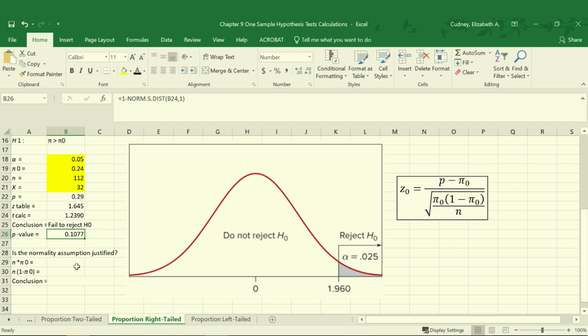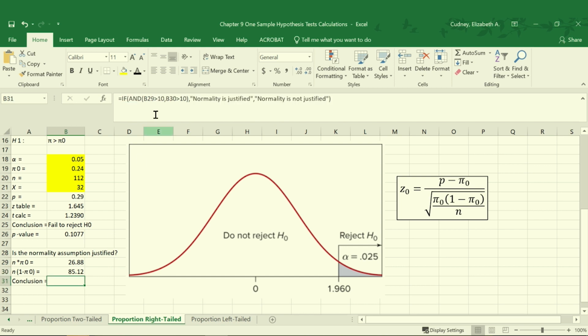We can also look to see if our normality assumption is justified from our equation. With our normality assumption, we're going to start by taking our n times our pi naught, which gives us a value of 26.88. And then we're going to use n times 1 minus pi naught, which gives us a value of 85.12.